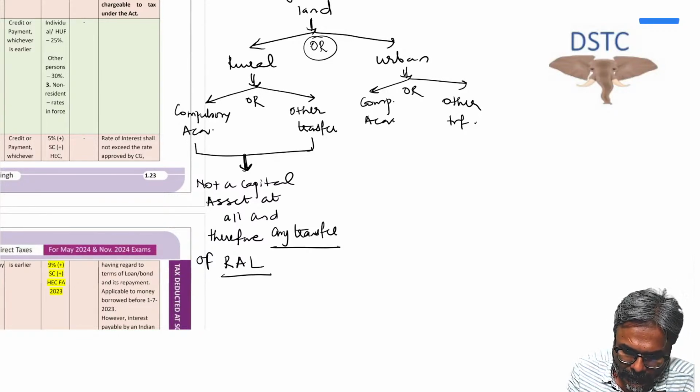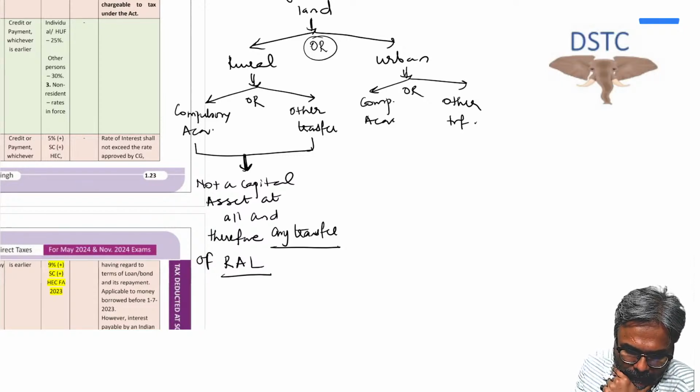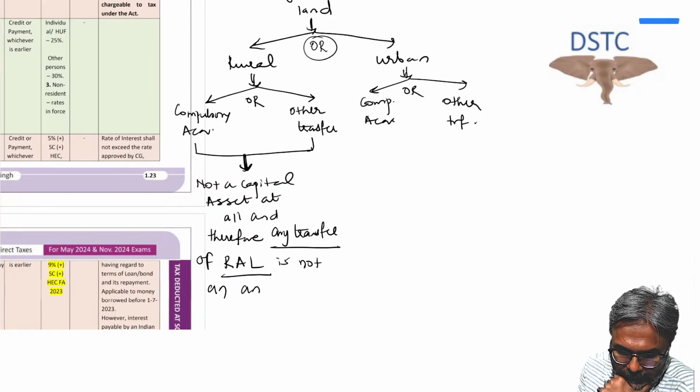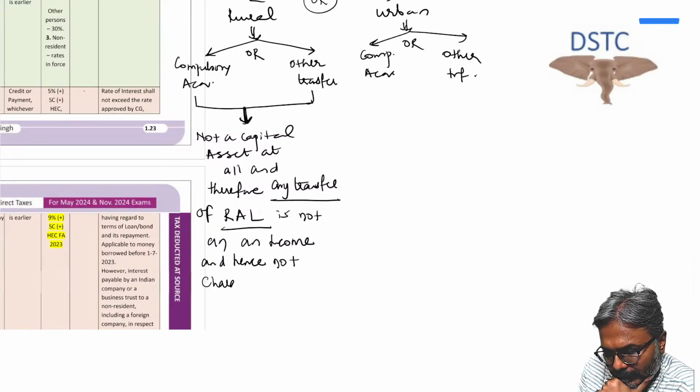Rural agricultural land is not a capital asset at all. And therefore, any transfer of rural agricultural land is not an income, and hence not chargeable under the Act.